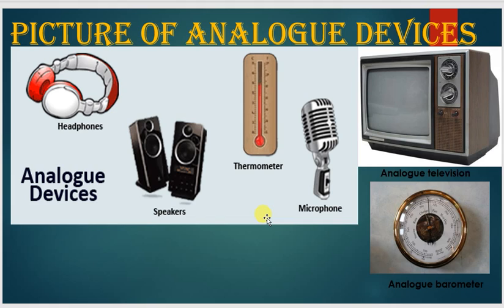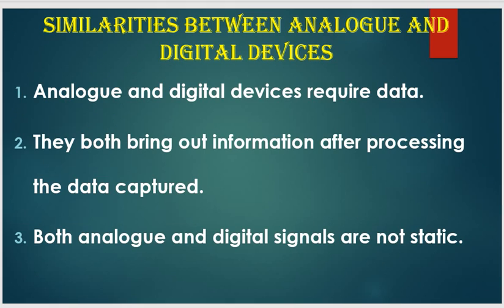Now, after this, we'll look at the similarities between these two devices, what we see common among them. With the first one, both analog and digital devices require data. Each of them will only work or bring out information to a user with the help of data. Then both bring out information after processing data.